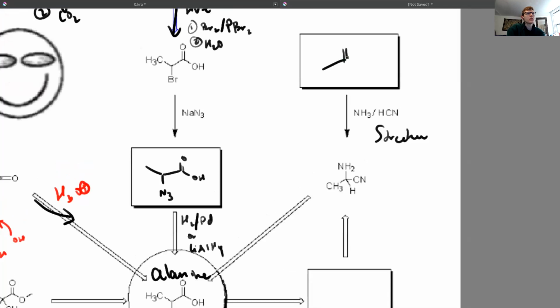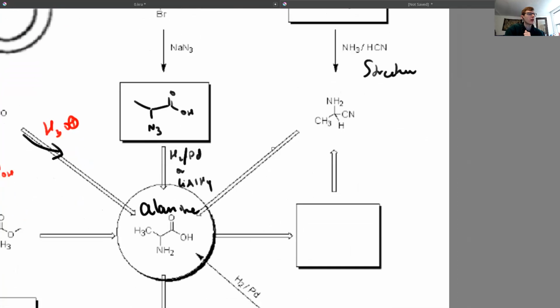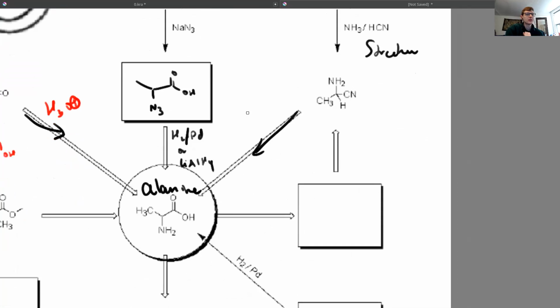So I guess that would be just the acetaldehyde. So that's just Strecker, and from here to here, what was the next part? Step 2 of Strecker? Oh, sorry, acid. I was muted. Yeah, it's just acid.